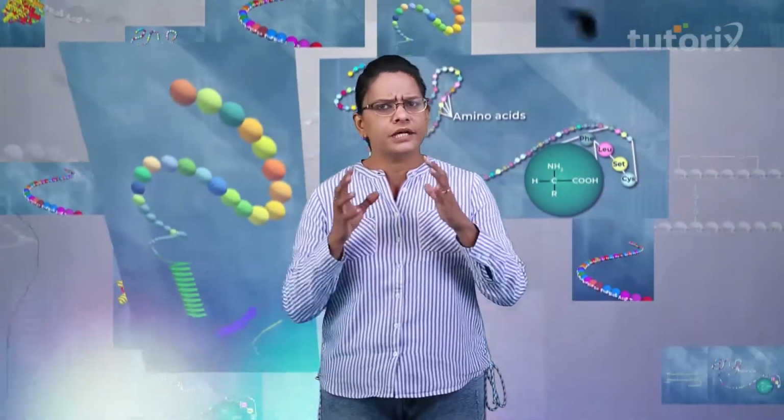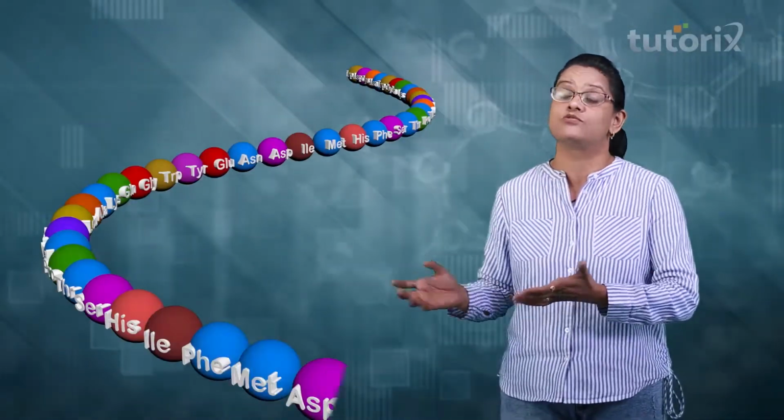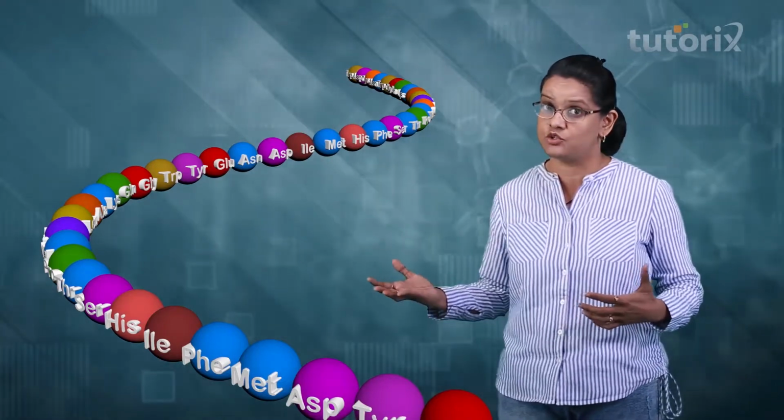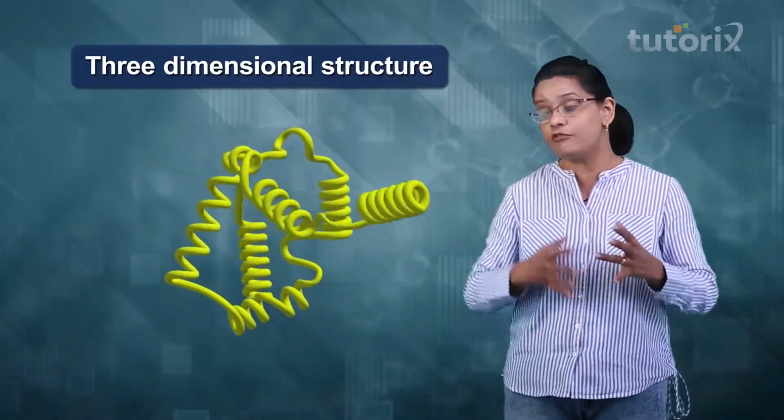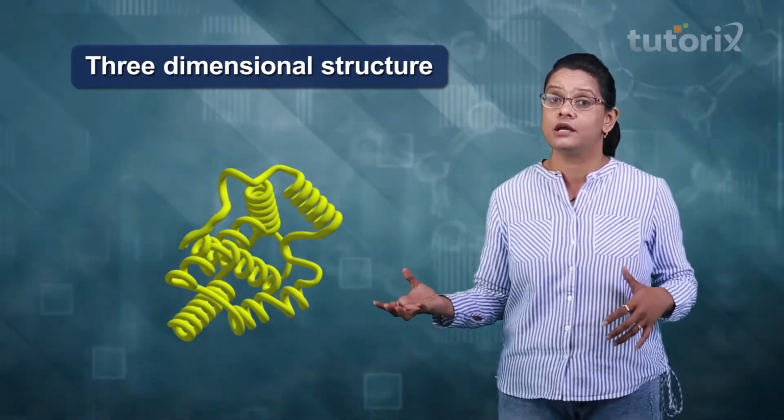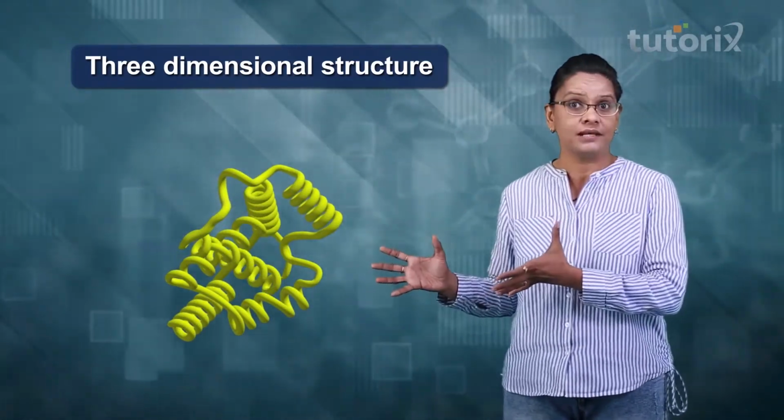Isn't protein structure a fascinating area to study, guys? Of course it is. But here you must be thinking that how do we move forward from the amino acid sequence which is present in the protein primary structure to the three-dimensional structure of a mature functional protein. How will we get this one?